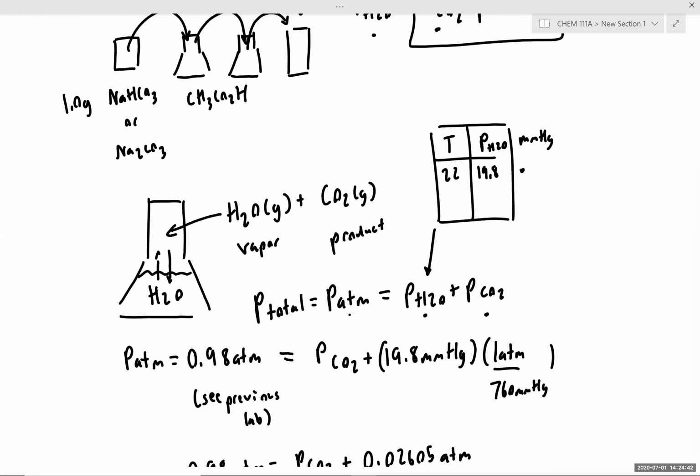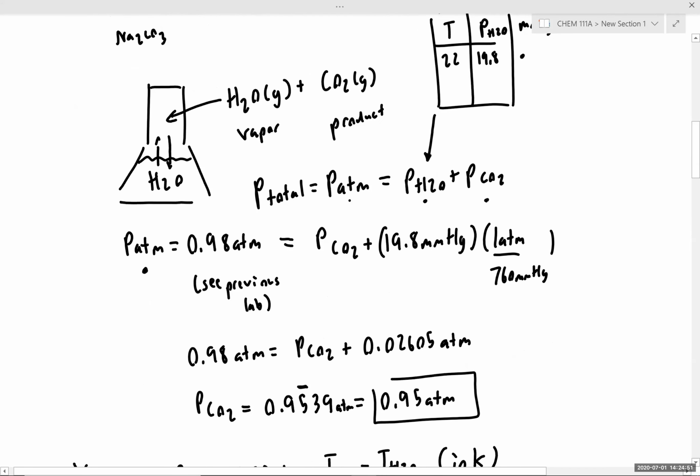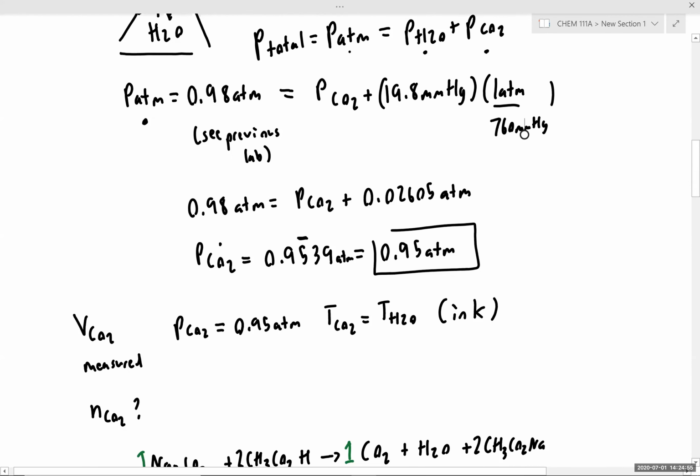And from that, if we know the atmospheric pressure, which we can look up online for our area, we can in turn solve for the pressure of carbon dioxide. The temperature of carbon dioxide is just equal to the temperature of the water in Kelvin.